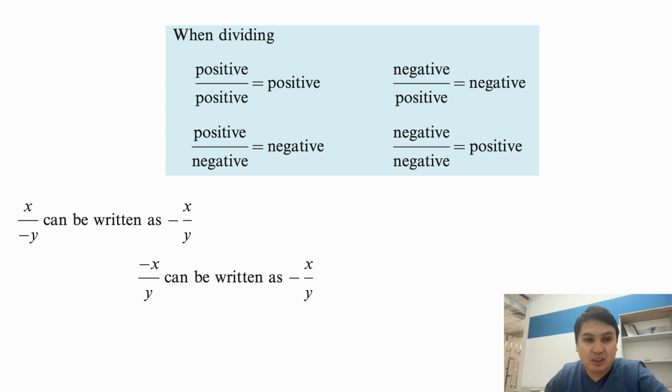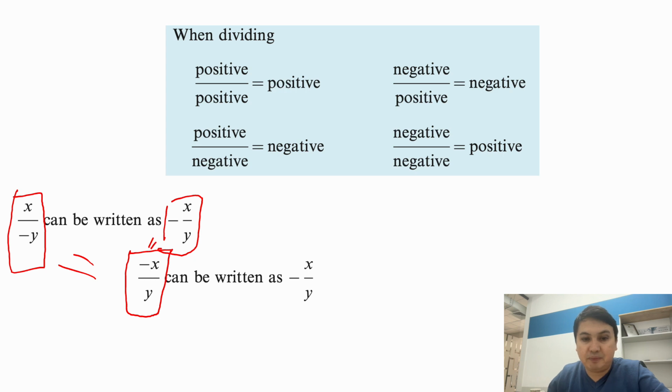So as you can see, this expression right here is the same as this expression, and that's the same as that expression, right? So they are all equal. And one more, minus x divided by minus y is simply x over y. In a sense, minus signs cancel, right? Okay.